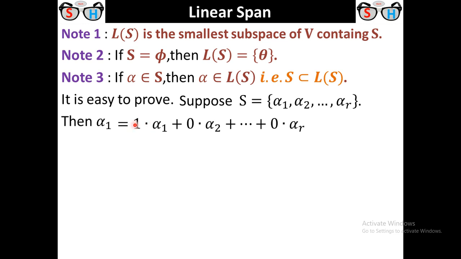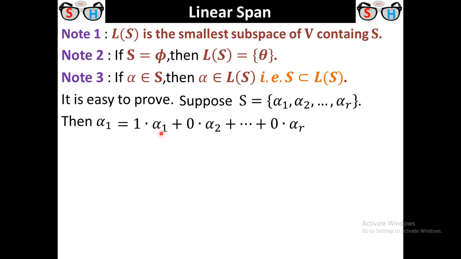So 1 dot alpha 1 is always equal to alpha 1, and 0 dot alpha 2 is theta, the null element. Here 0 is not a real number; it is the zero element in the field F, that is, the additive identity in F. So this is alpha 1, this is theta, and this is theta. Therefore, as a result, this is alpha 1.